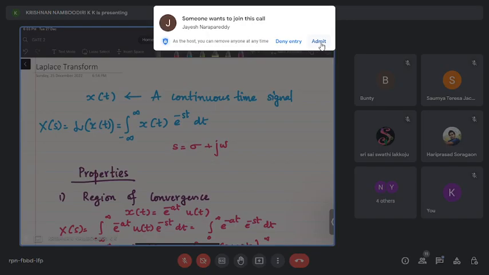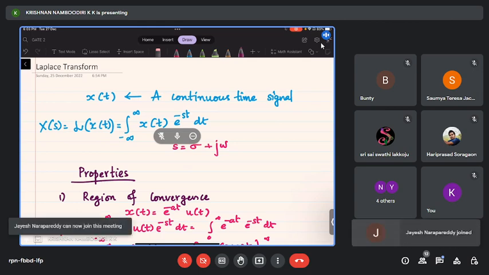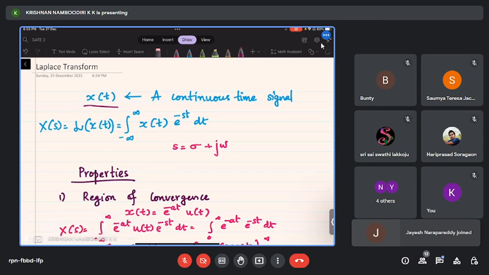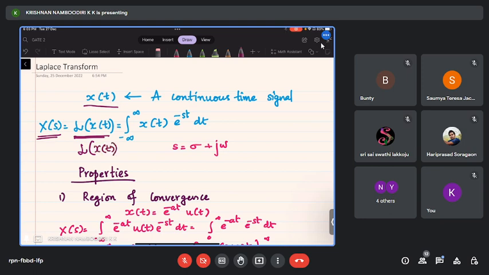So here, assume that x of t is a continuous time signal. For x of t, the Laplace transform, which is denoted as capital X of s, or sometimes I will denote it like this: calligraphic L of x of t. This L denotes Laplace transform.